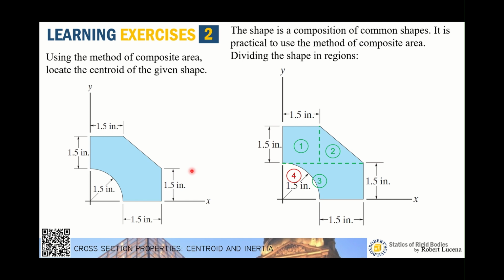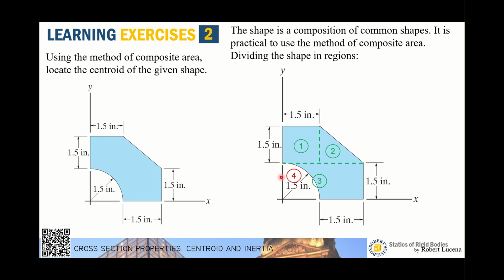Take a look at the figure. I have divided this shape into region 1, which is a square, region 2 as a rectangle, and region 3 as a rectangle. But there is a hollow portion, a quarter circle, that is hollow. I will consider this area, but it will be negative in the analysis later on.